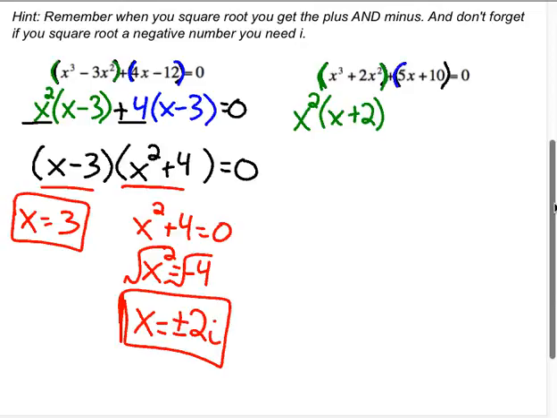The second grouping, I look at separately, and I can pull a 5 out of it. I'm left with x plus 2 again.